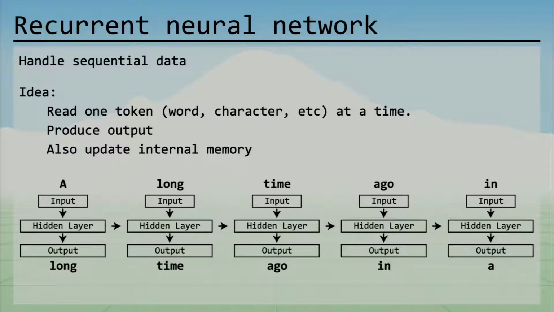And then it will propagate that internal memory or state forward in time to the next iteration of this network, which is going to be also taking in some input. So every time, the hidden layer, or the internal state of your recurrent neural network, is being affected both by whatever the input was, but also by whatever the previous internal state was from the network one time step previously.